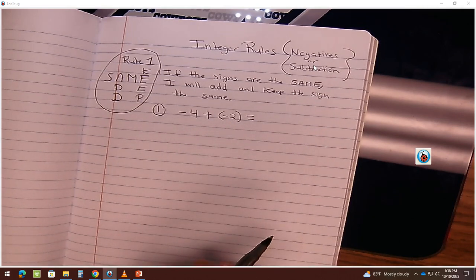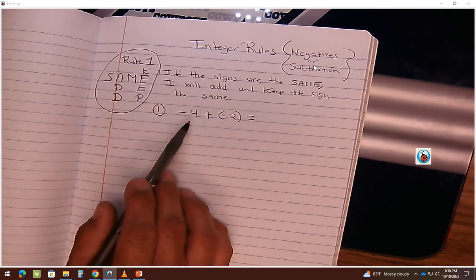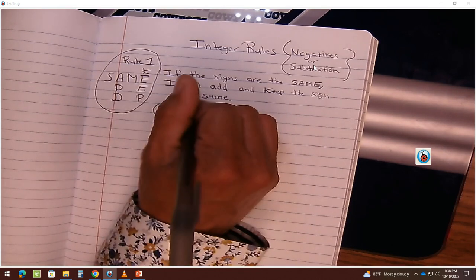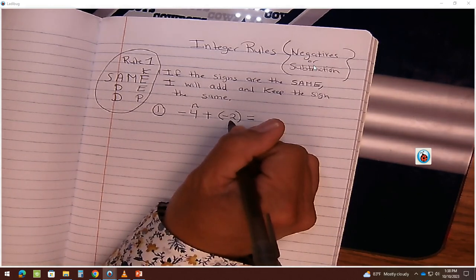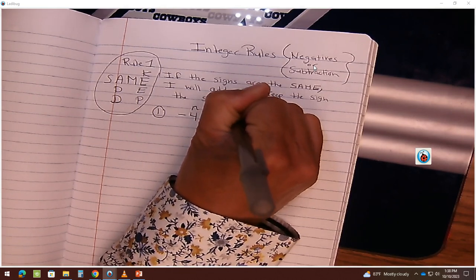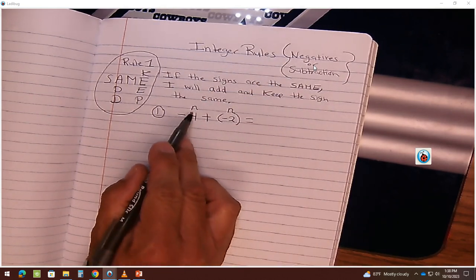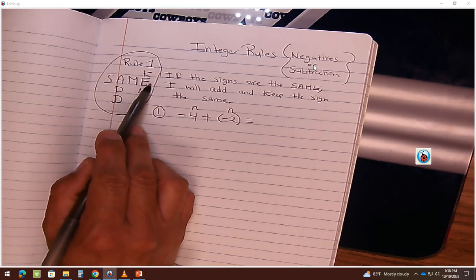The second thing is to get the facts. Now the facts is that whenever we're dealing with negatives, we're gonna label it. So is that 4 a negative or a positive? So put an N for negative. Is that 2 a positive or negative? Also negative. Good. So now I notice that both of them are negative, so the signs are going to be the same.